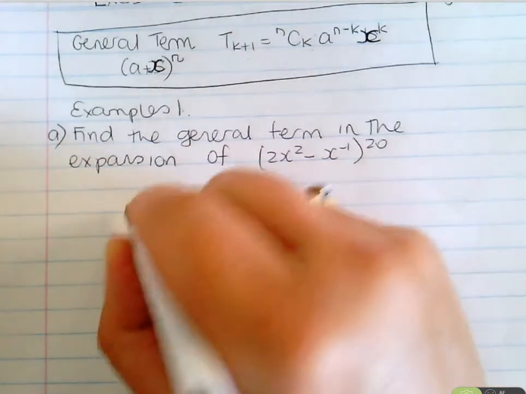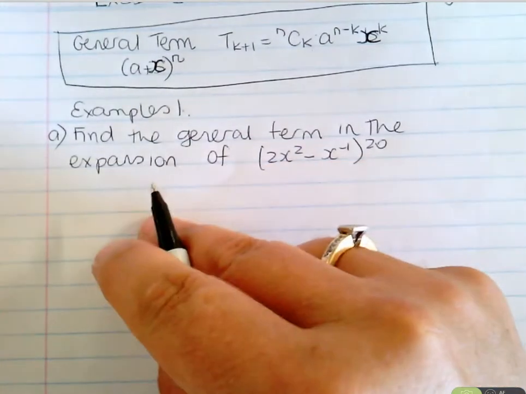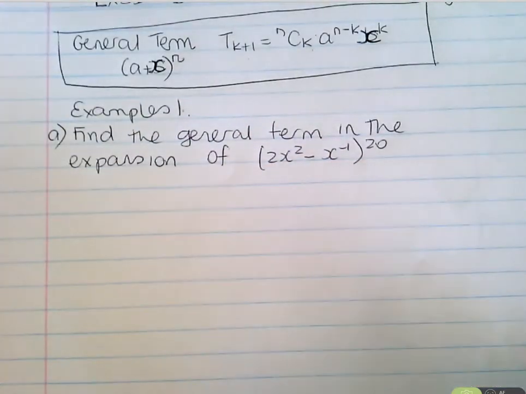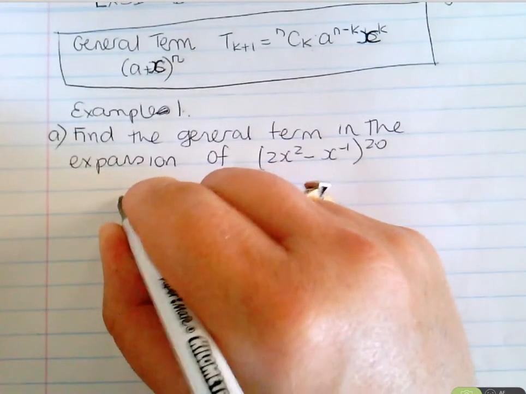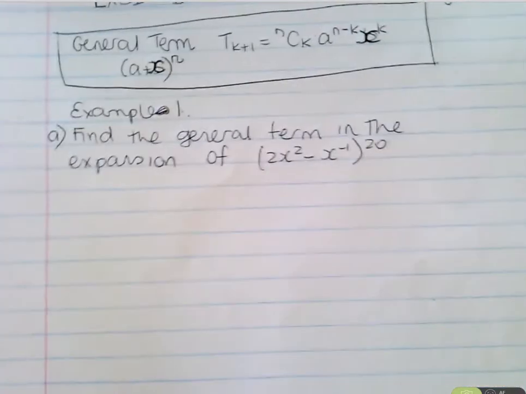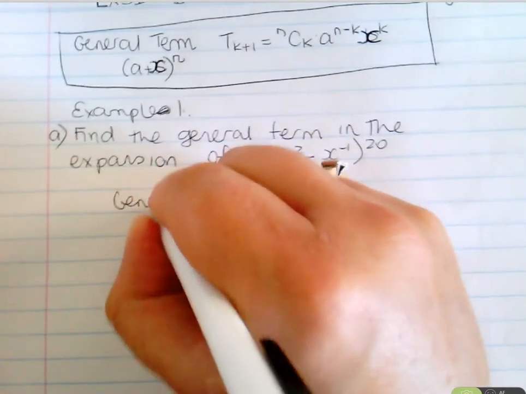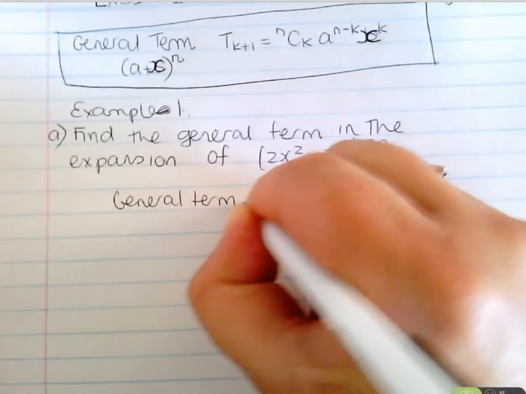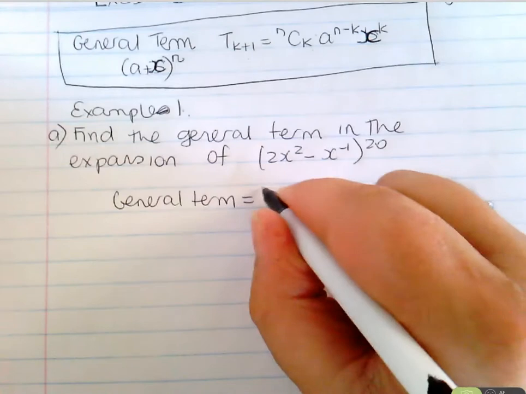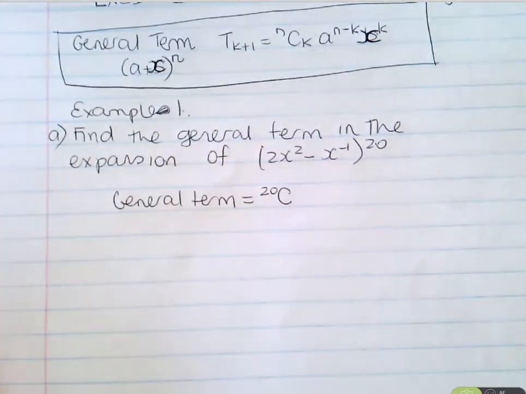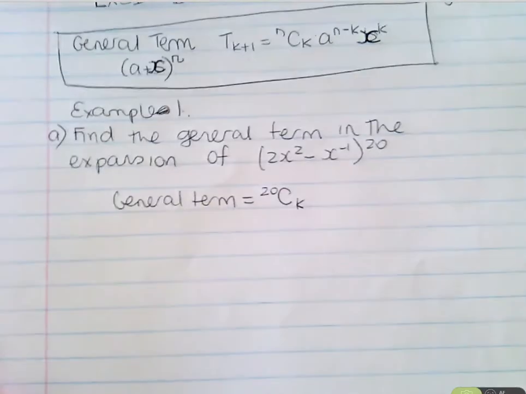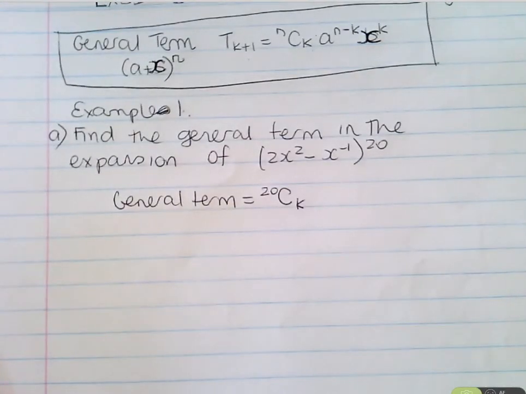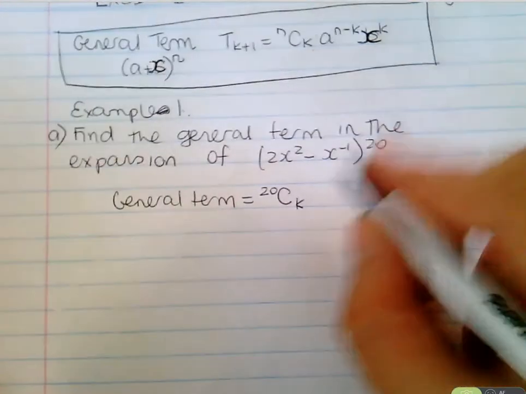So what would it be? I'm just going to write general term, but you can write T_(k+1). So the general term is 20Ck. You'll notice in Cambridge, I think they use r for their general terms sometimes, or j or i, whatever, it doesn't matter. 20Ck, what do I do now?